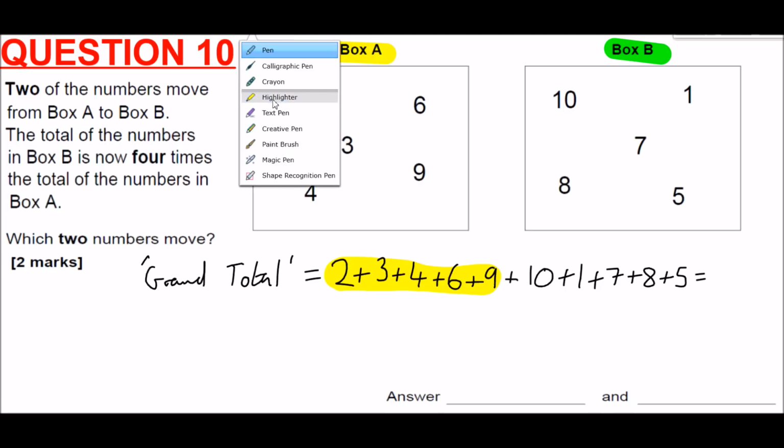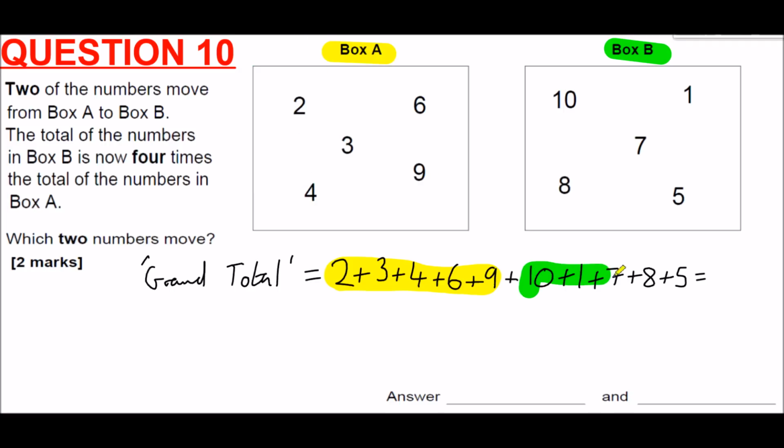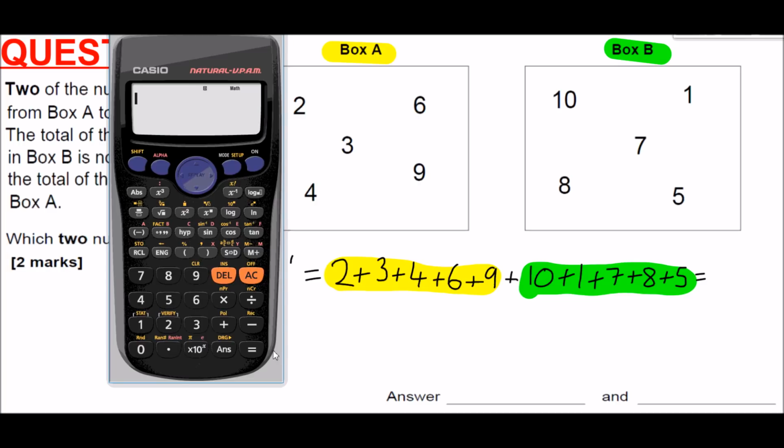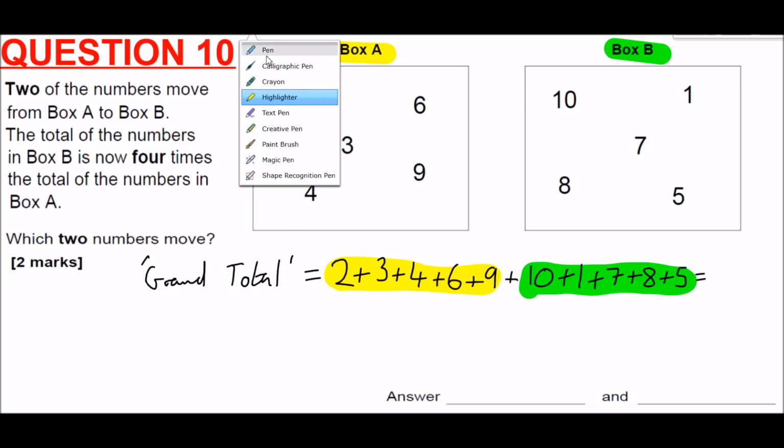Let's add them all up. 2 plus 3 plus 4 plus 6 plus 9 plus 10 plus 1 plus 7 plus 8 and plus 5 is 55. So the grand total of all these numbers is 55.